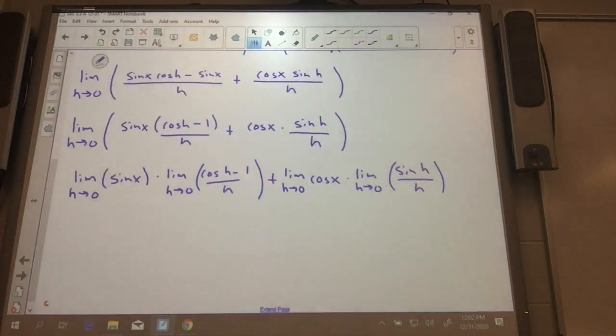So basically using all my limit laws and breaking that apart, okay?